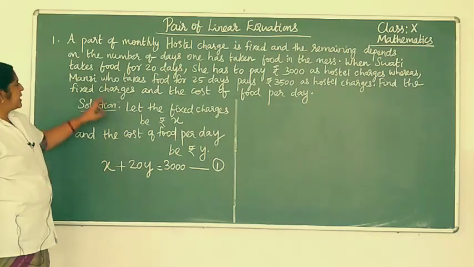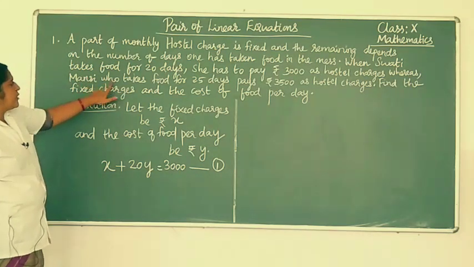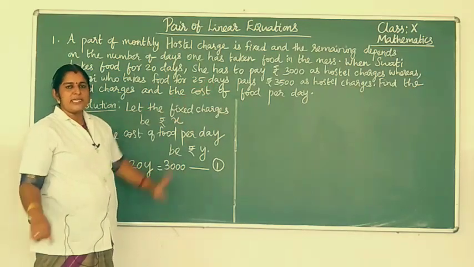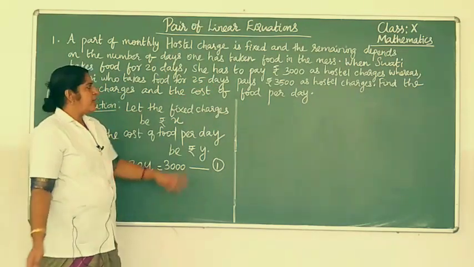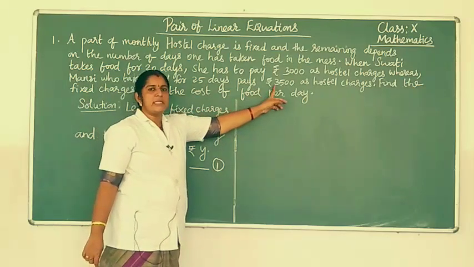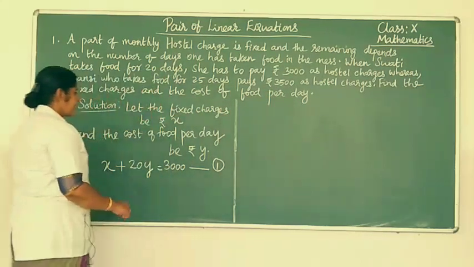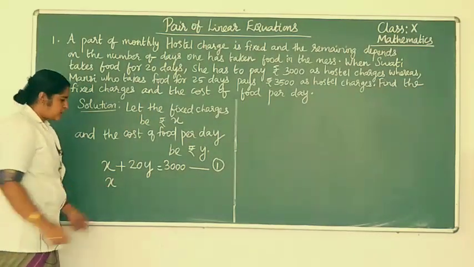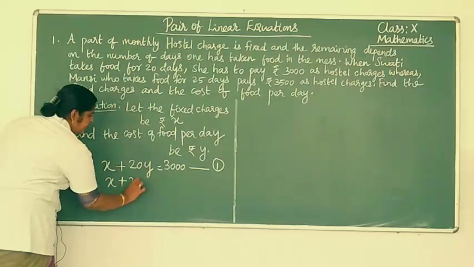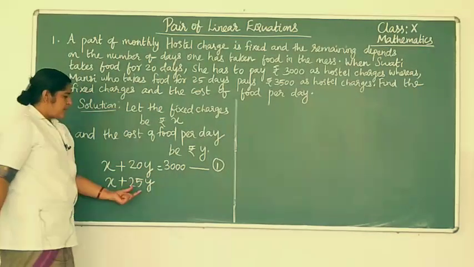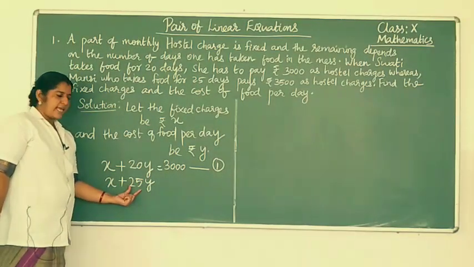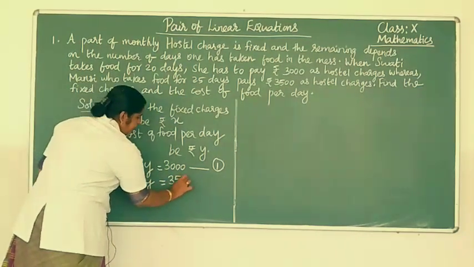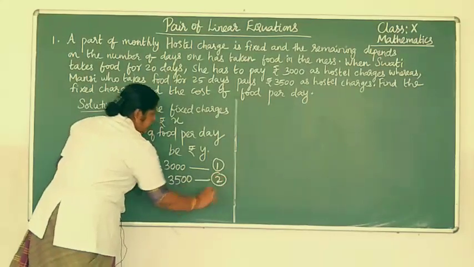Now see the second case of Mansi. Mansi takes food for 25 days, and her total money is rupees 3500. So the second equation becomes x, the fixed charge of the hostel, plus 25y, that is the money for 25 days of food, equal to 3500, equation number 2.